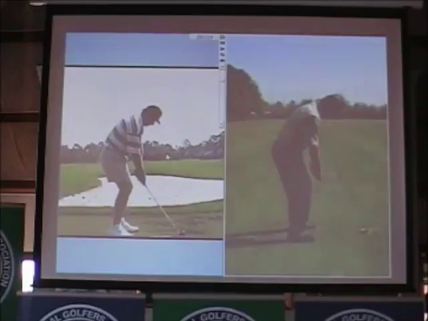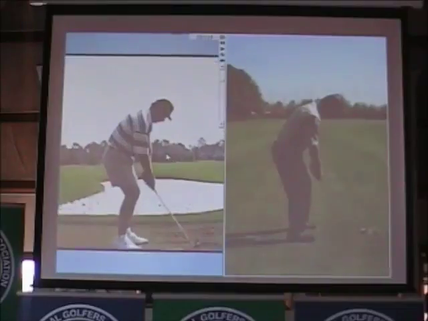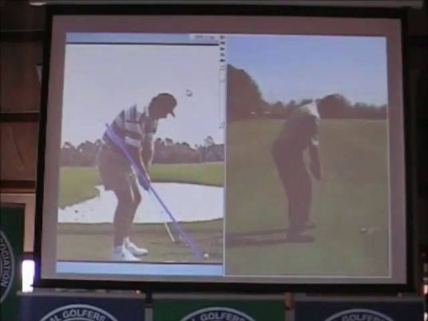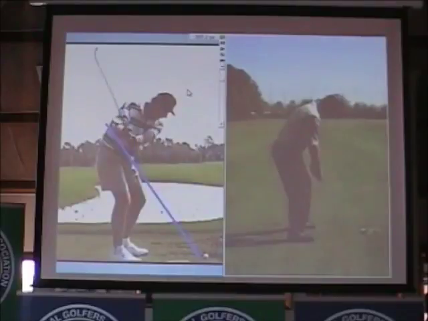This footage is taken years ago when I was on tour with these guys. You can see it's a little steeper than the original plane, and you can see it's a little shut.